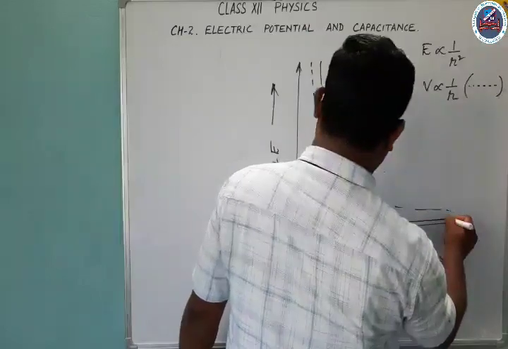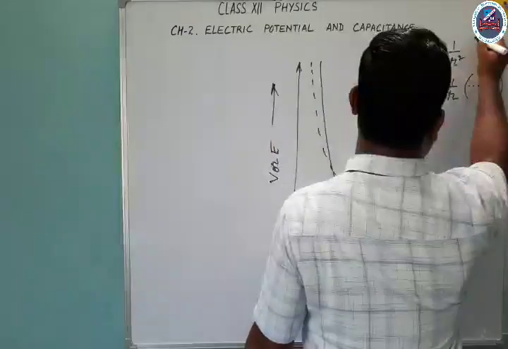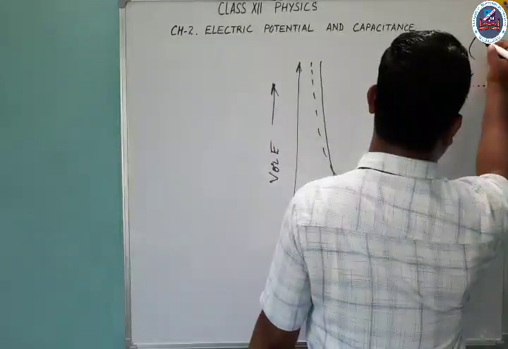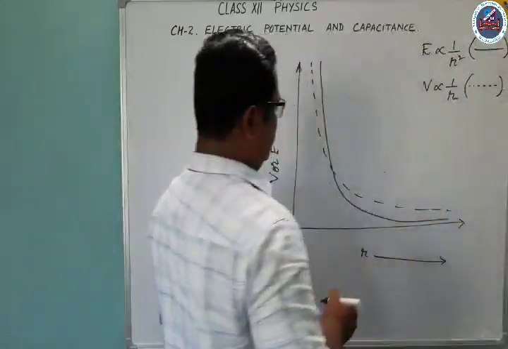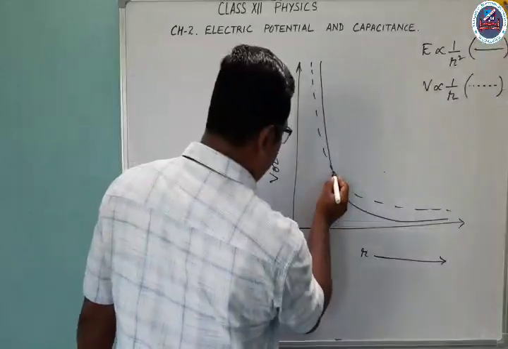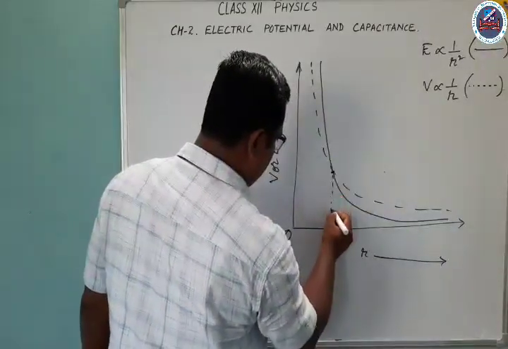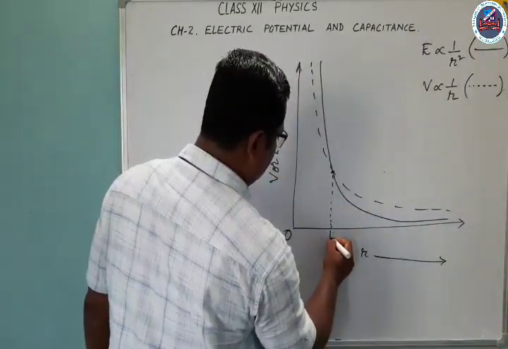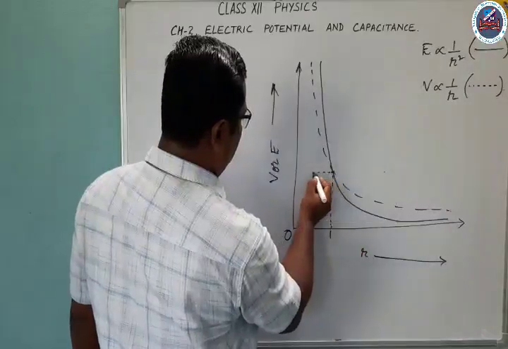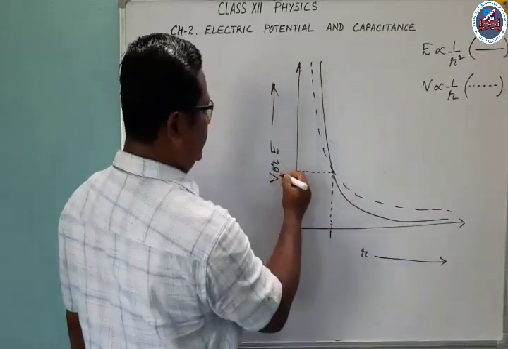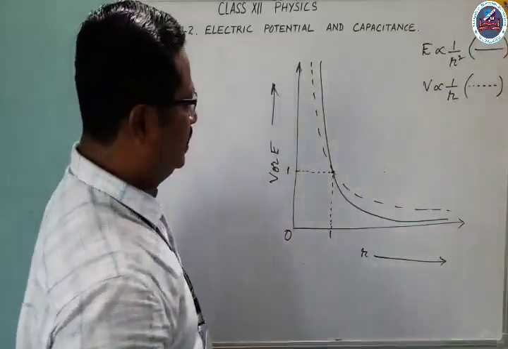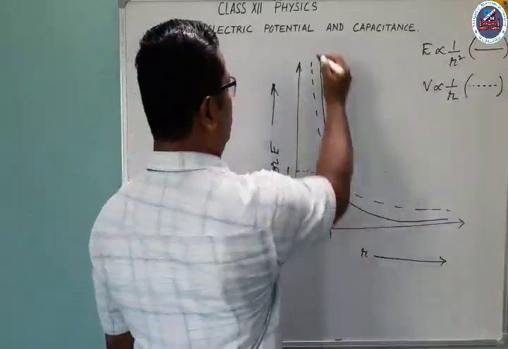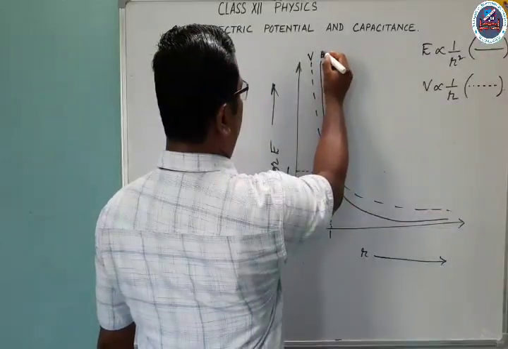The solid line is for electric field intensity with respect to distance. Both of them will coincide at 1 meter distance, and the potential as well as electric field intensity will be 1 volt. They will coincide together. The rest it will look, this is for V and this is for E.